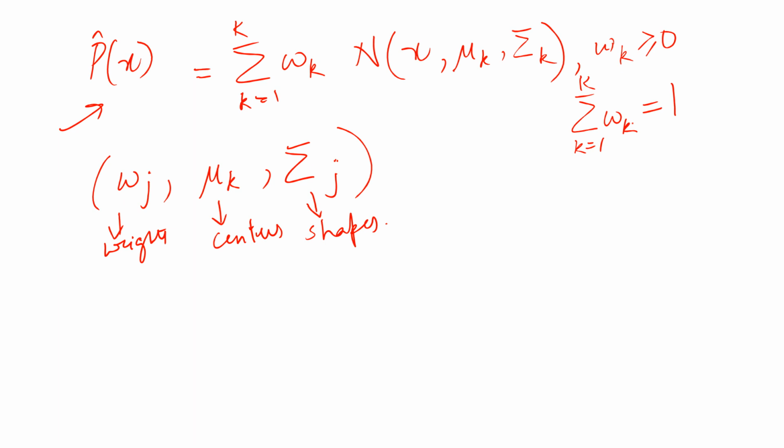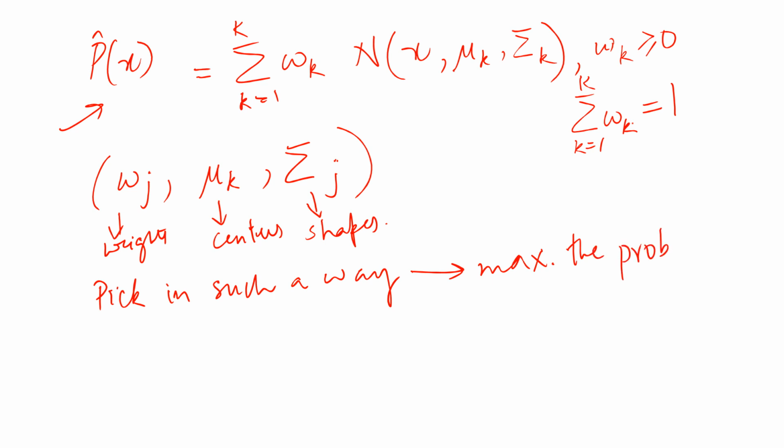Now, since this is a probability density, it points towards generating data in a certain way, or picking the parameters in such a way that we maximize the probability to generate this data x1, x2, and so on up to xm. So we pick in such a way that we maximize the probability to generate the data x1, x2, whatever we have.